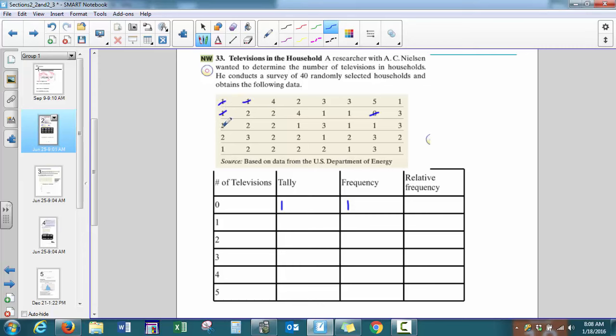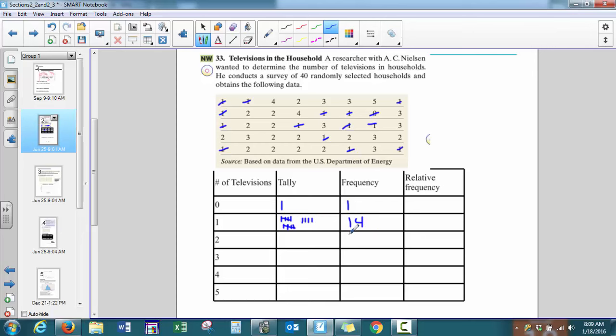So it may be helpful for you to mark off each of these options just so that it's easier for you to see. So there are 14 homes that have one television, and with our tally marks, as soon as we get to 5, we do a diagonal line across. So there's your 5, 10, and 14.